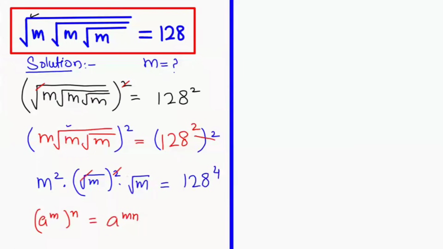Now I want to remove this root, so again I am going to square both sides.